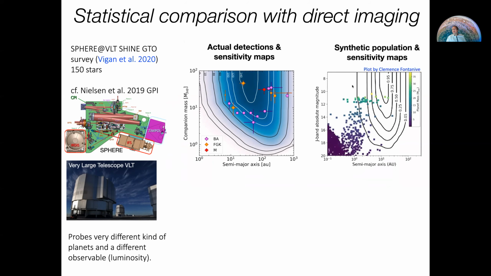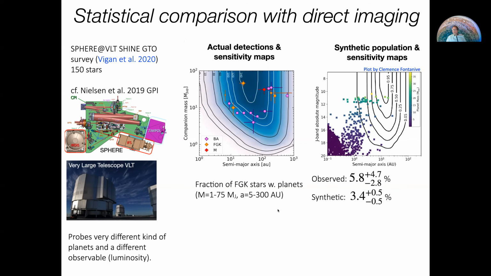And this is a comparison of the synthetic population, semi-major axis versus J-band absolute magnitude. Because here the magnitude contrast has already been converted into companion mass, but the Bern model also gives directly and self-consistently the magnitude of the planet also at young ages, and in principle one should rather compare this.